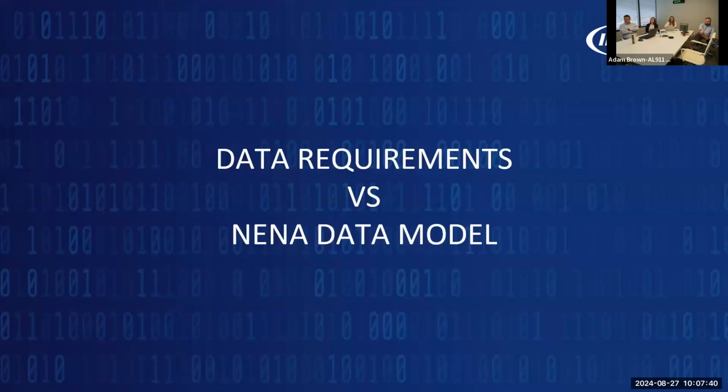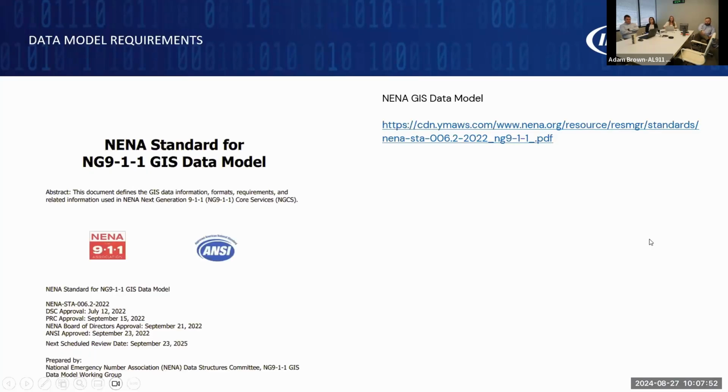So I wanted to get into a little bit about our data requirements at INdigital versus what NINA's data requirements are. We're using the NINA GIS data model V2, and that is what we are currently saying you need to follow as far as VEP when you're editing your data.